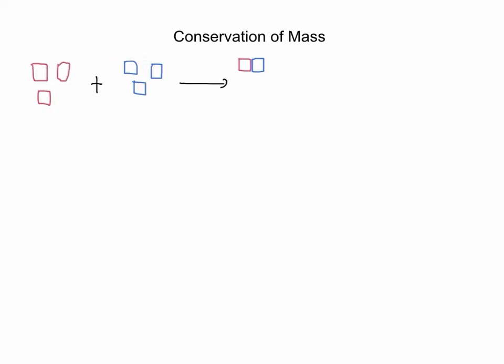I happen to have the same amount of each, so I can have another red square atom bond with a blue square atom, and a 3rd red square atom bond with a 3rd blue square atom. And now you can see I've used all 3 red atoms, and all 3 blue atoms. There's nothing left over, nothing has disappeared, and I haven't added any atoms that weren't there in the first place.